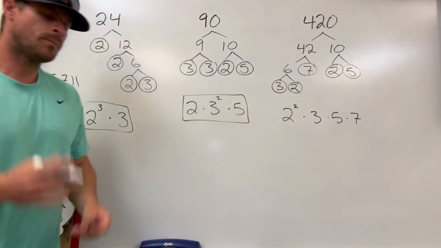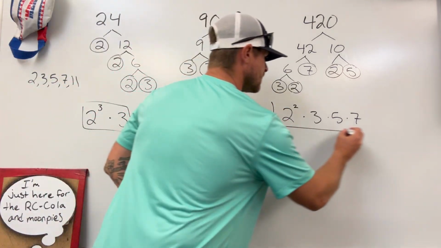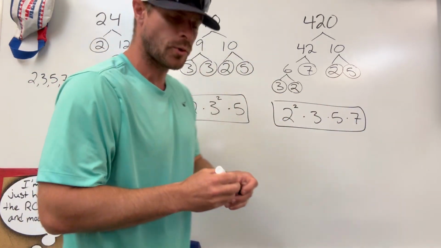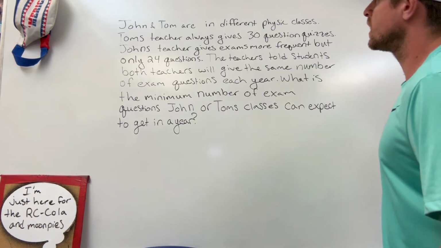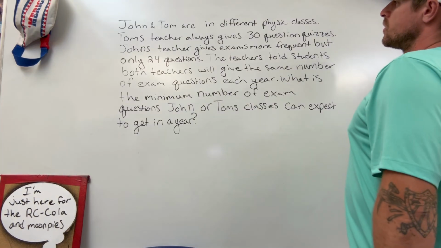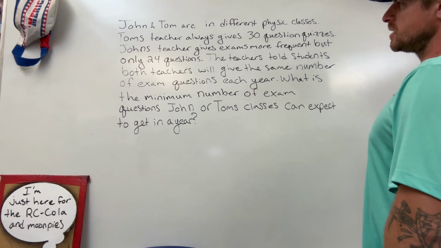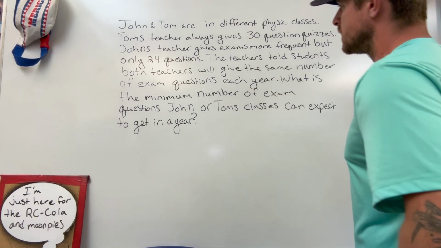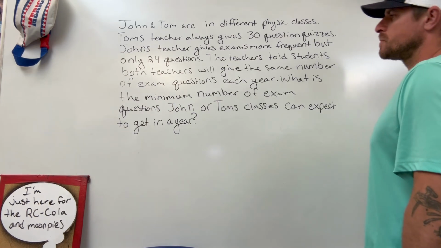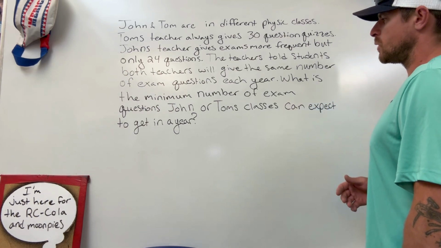Now by learning this skill of prime factorization, you're going to be able to answer questions like this. John and Tom are in different physics classes. Tom's teacher always gives 30 question quizzes. John's teacher gives exams more frequently, but only 24 questions on his quizzes. The teachers told students both teachers will give the same number of exam questions each year.